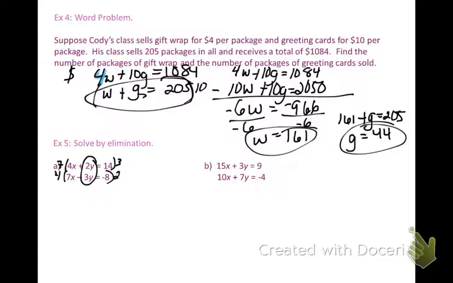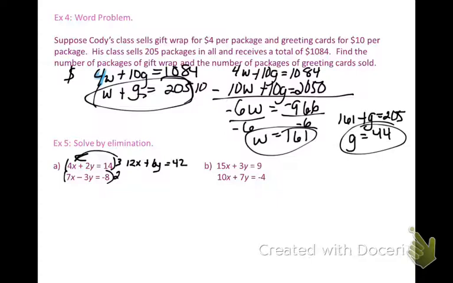Now, which numbers would be easiest for you to deal with? To me, 3 and 2 happen to be easier to deal with. So I'm going to take the 3 and the 2 and distribute to both of them. 3 times 4 is 12x plus 6y equals 42.